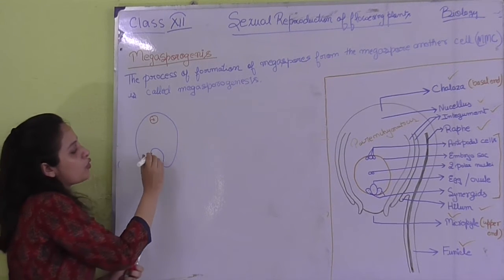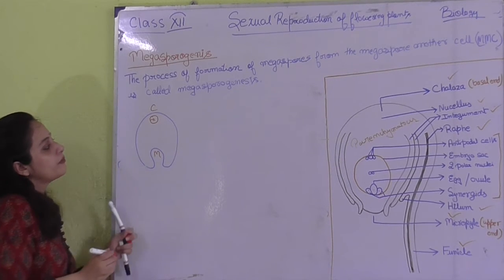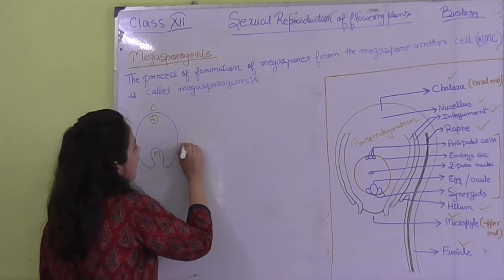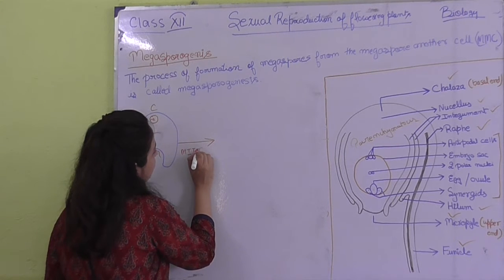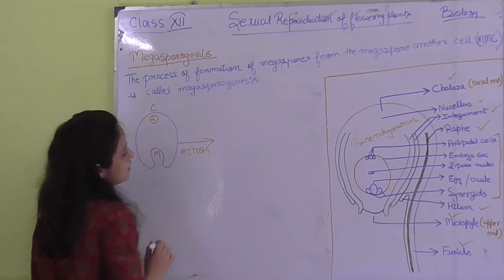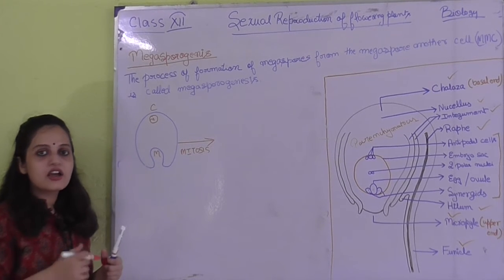What will happen now? This megaspore will undergo mitosis. It will undergo mitosis, and in this process quite a number of mitoses occur.